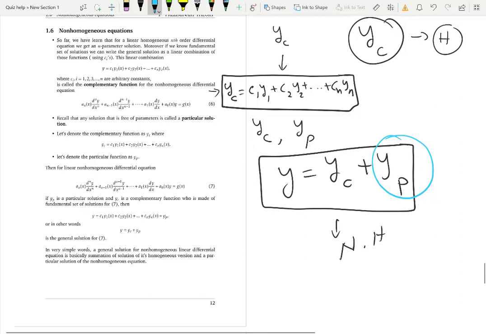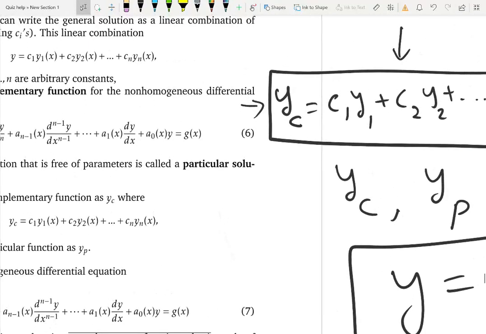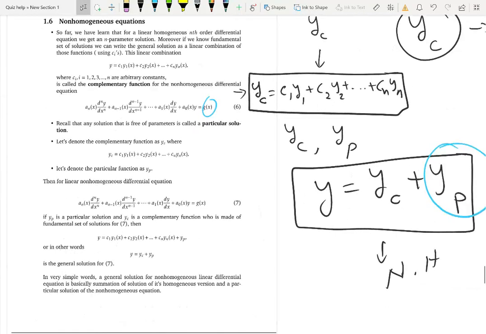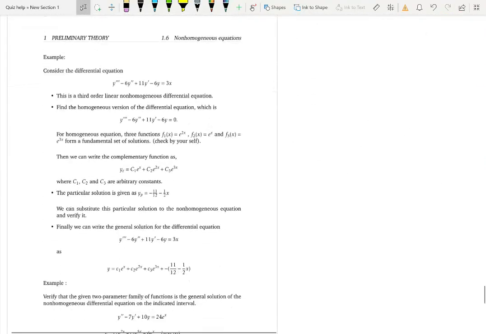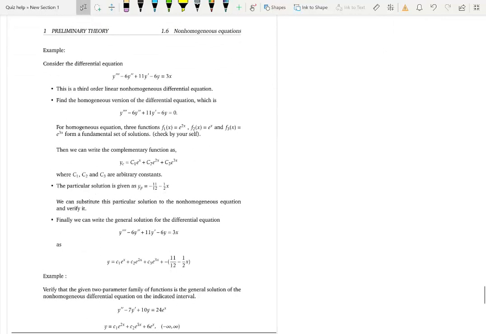Now we call it the particular solution, and I want you to understand that that particular solution is found through that G. Now a particular solution, you learned in chapter 1, what is a particular solution? It is a solution without arbitrary constants, without parameters. So in that yp, you are not going to see C1, C2 arbitrary constants.